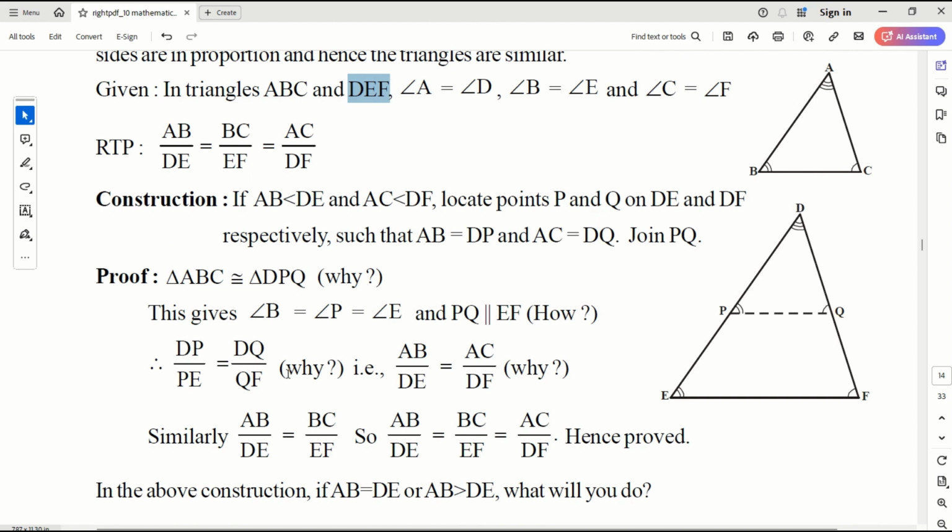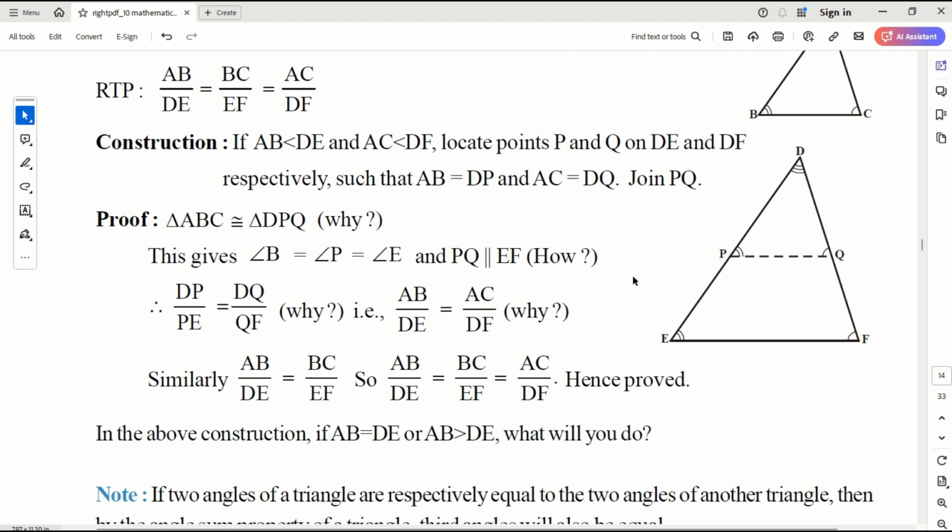So that means DP by PE equals DQ by QF. Also AB by DE equals AC by DF. How is this possible?